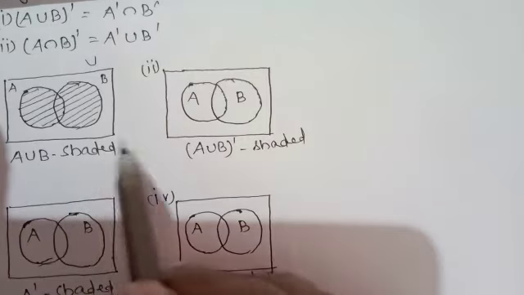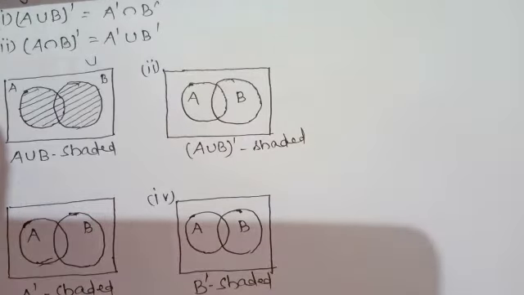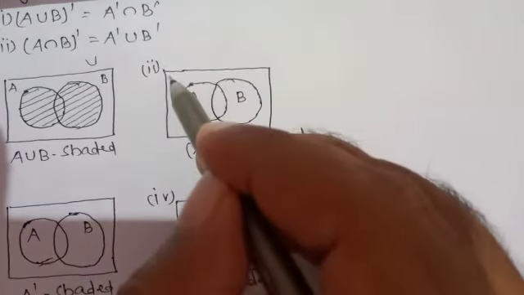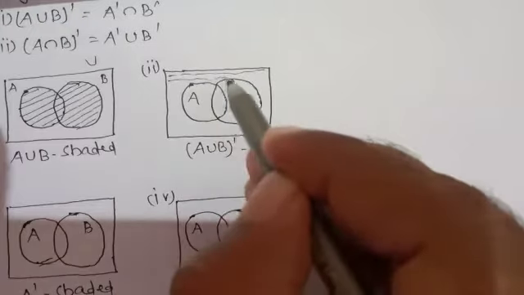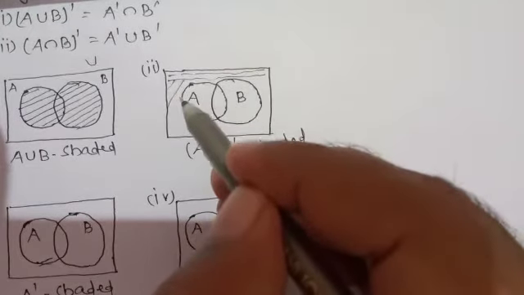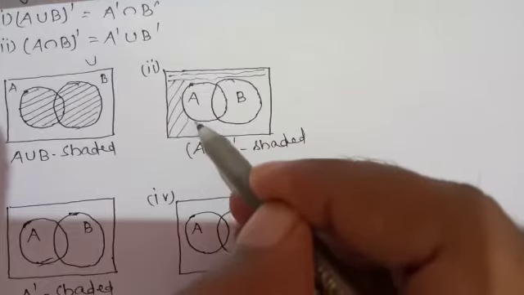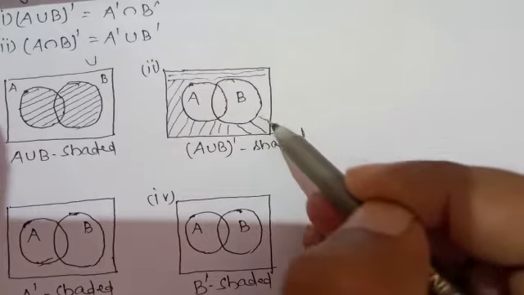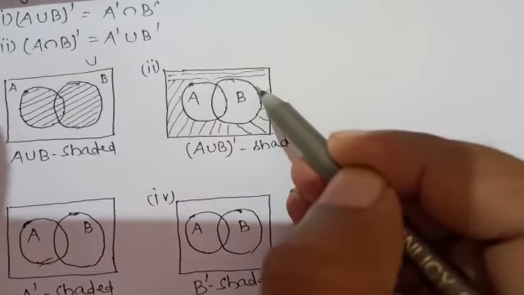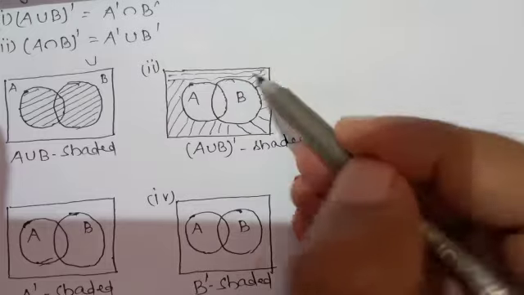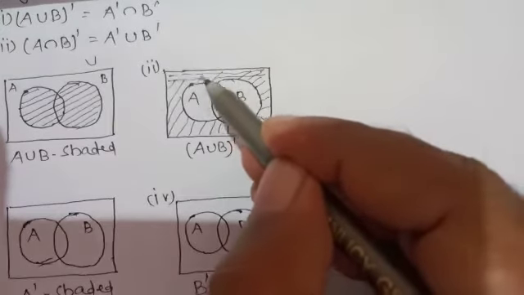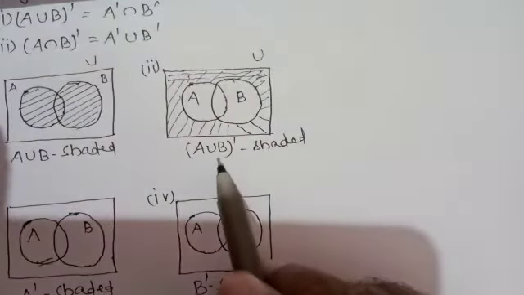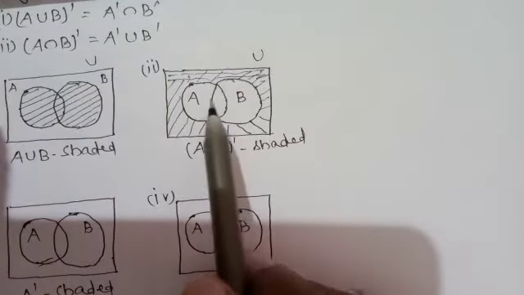Complement means those parts of the universal set which are not in A union B. So obviously this will be (A union B) complement.